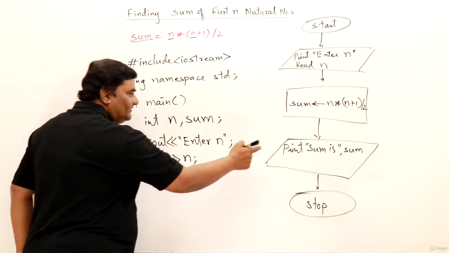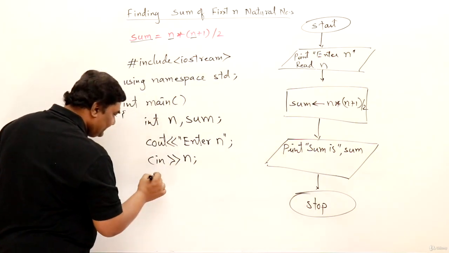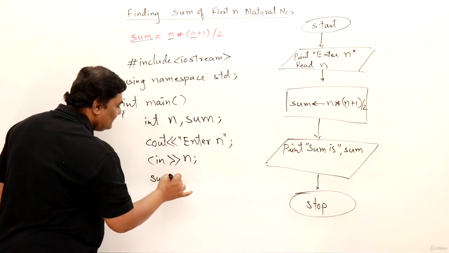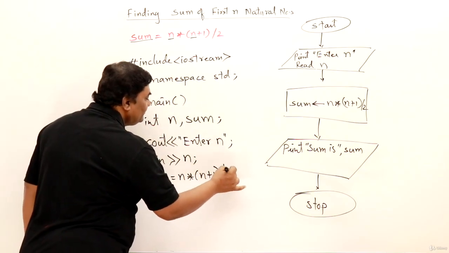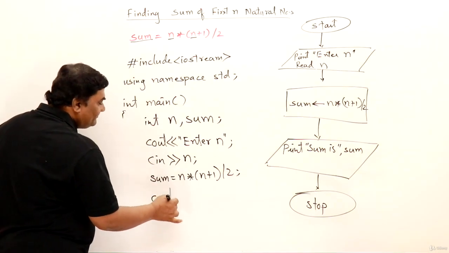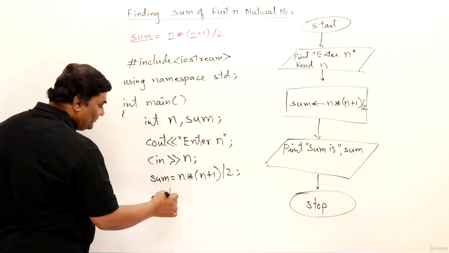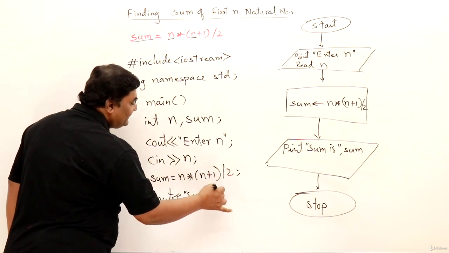So this is over. Now the next step is the formula, that is sum. Sum assigned n into n plus 1 by 2. Then after that, print the result. This step I am writing is output: cout sum is, this is the message, it is closed.